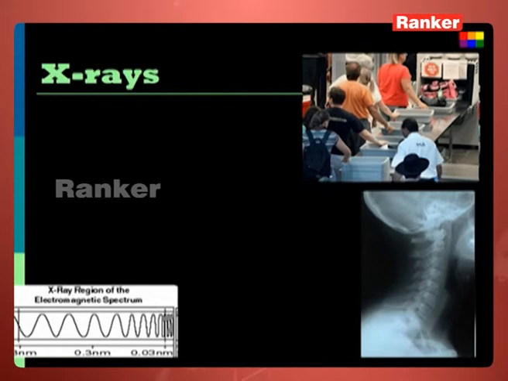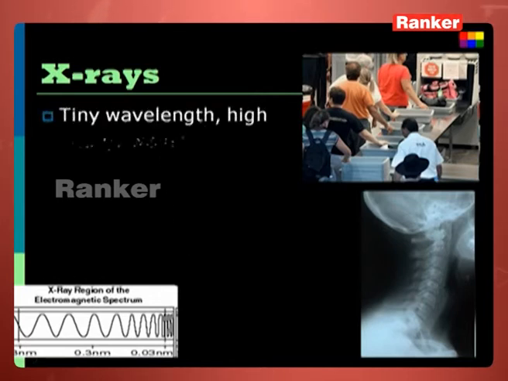Now X-rays. X-rays are generated when fast moving electrons strike a solid target. When they are violently scattered, X-rays are emitted, and the wavelength range is from 0.3 nanometer to 3 nanometers, or in angstrom we say 0.1 to nearly 100 angstrom, and they have very high penetrating power.